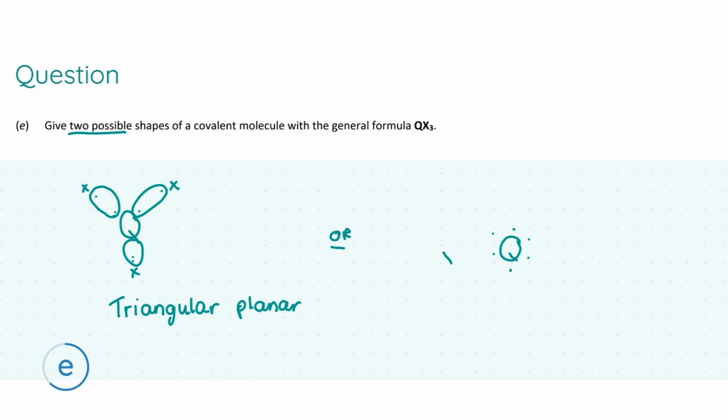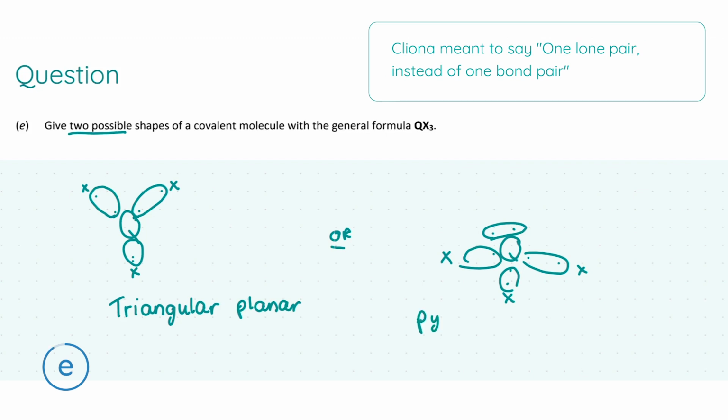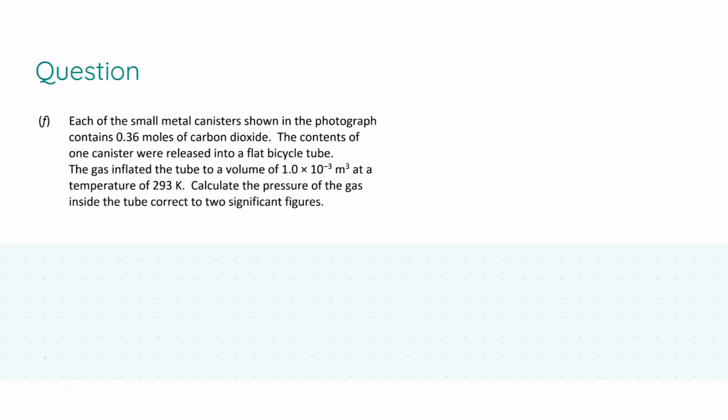You still have 3 X's, so they'll form 3 bond pairs. 1, 2, 3. Oh, my apologies, I drew 6 electrons around there. And then you form 1 lone pair. So that is pyramidal. You're going to get 3 marks for each of these, giving you a total of 6 marks for this question.